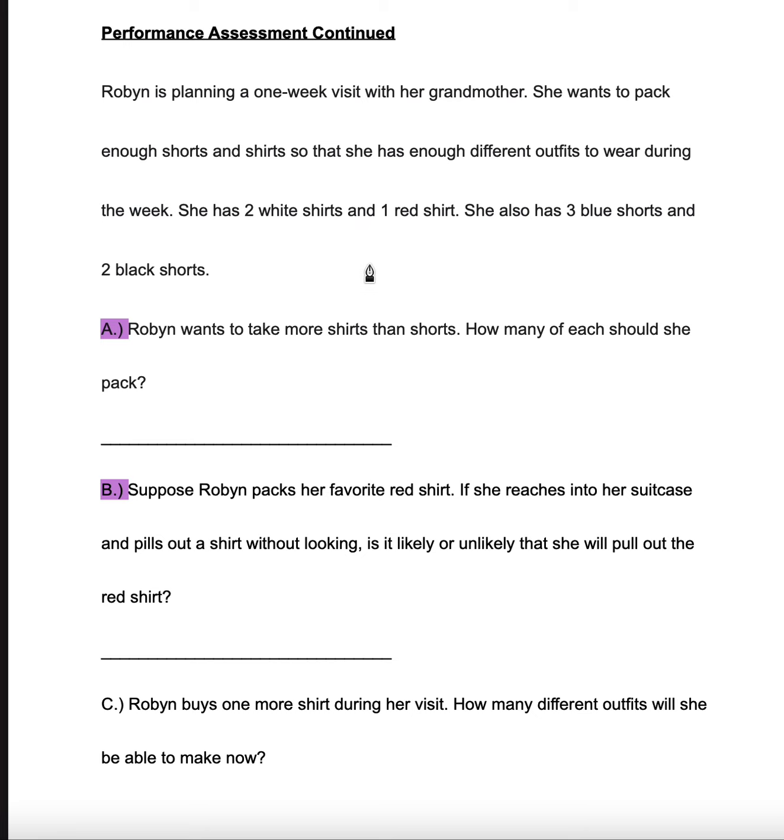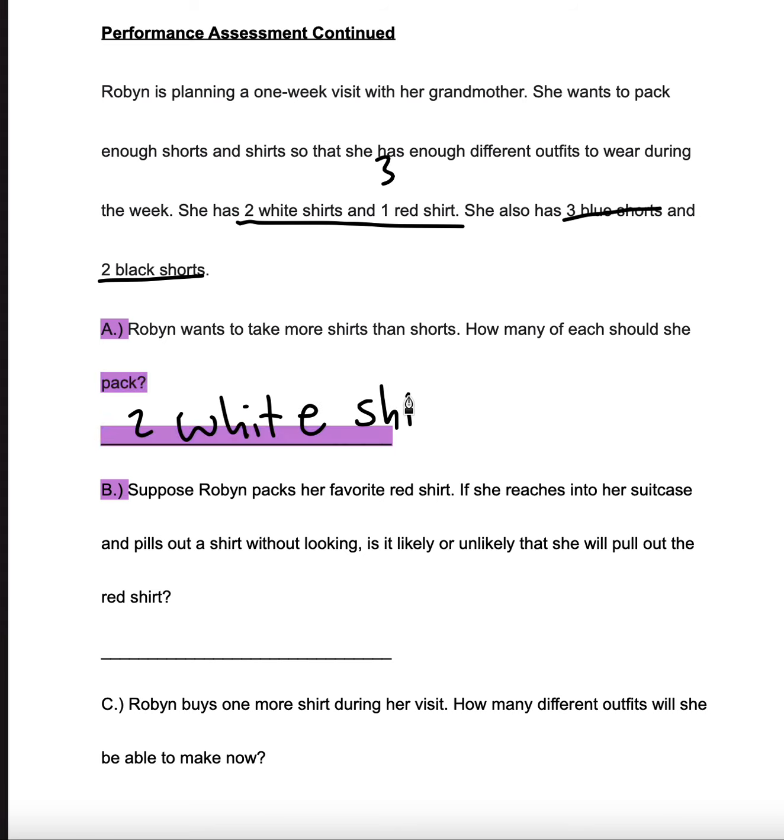So we are given the information that she has 2 white shirts and 1 red shirt. So that's 3 total. And 3 blue shorts and 2 black shorts. So she wants to take more shirts than shorts. So how many of each should she pack? She should pack her 2 white shirts as well as her red shirt.